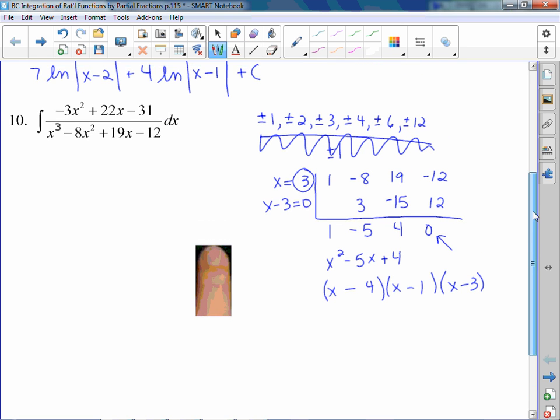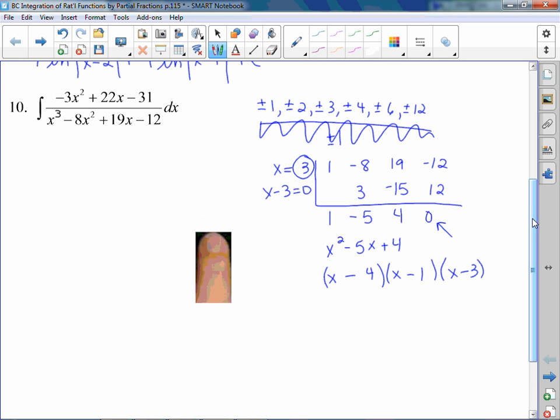All right, let's go ahead and factor the bottom, and we'll use our finger and figure out what our fractions are and integrate. So we've got negative 3x squared plus 22x minus 31, and I've got x minus 4, x minus 1, and x minus 3 dx.